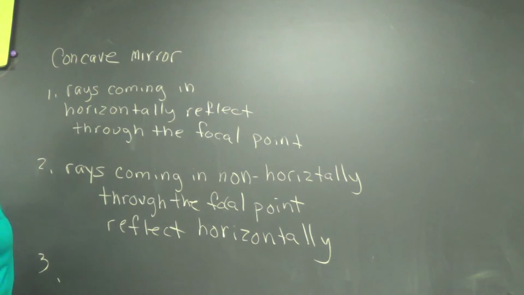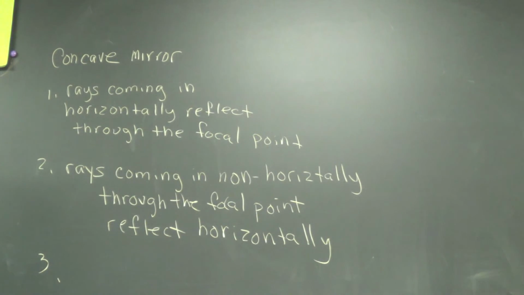All right, number 3 is how I want to state this most concisely. We're copying down the 3 rules of ray tracing for concave mirrors, Abby, so we're up to here.